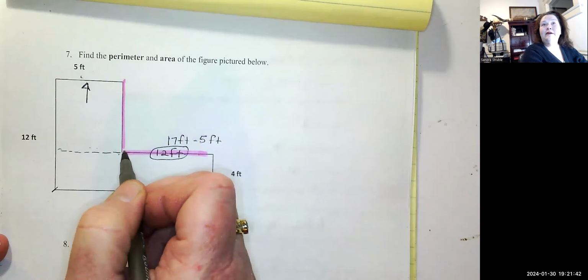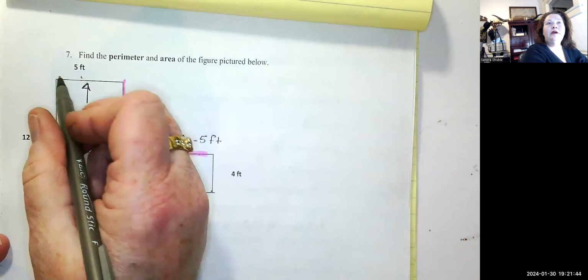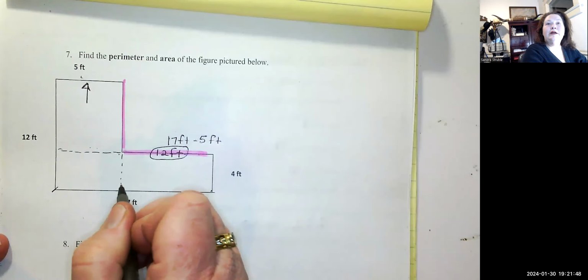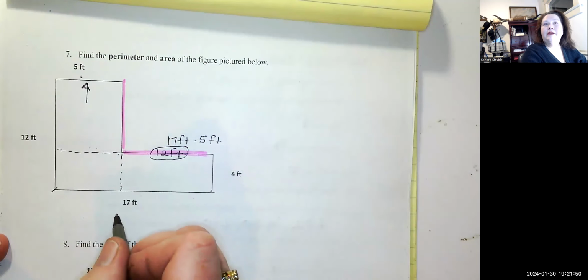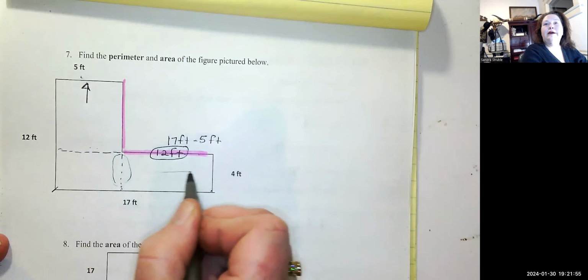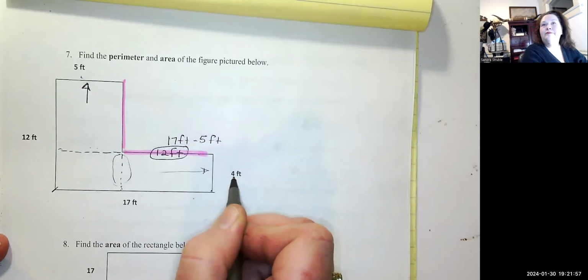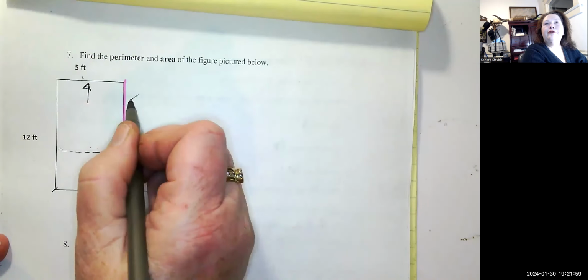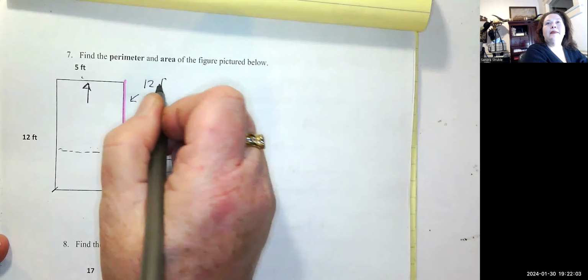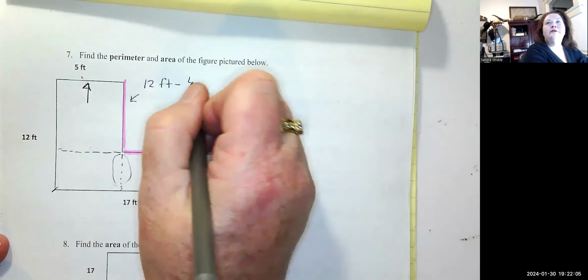We're going to do the same thing. This line would be the same length as this line if it continued straight down to the bottom line. We need to find this missing piece, and I can look right over here and see that it's 4 feet. So for this piece, it's going to be the 12 feet minus the 4 feet.